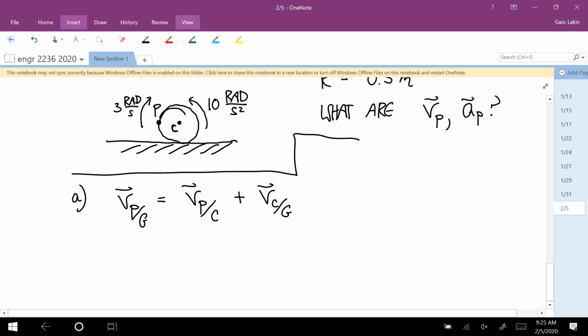And so we're going to set it up this way, where this is circular motion of P around C, and this is rolling without slipping.